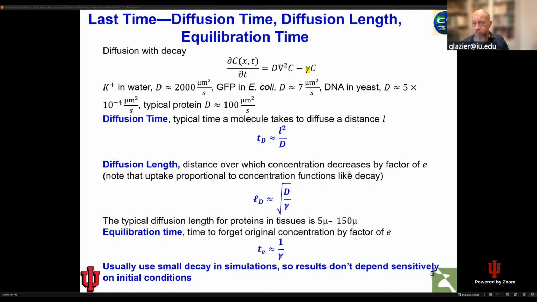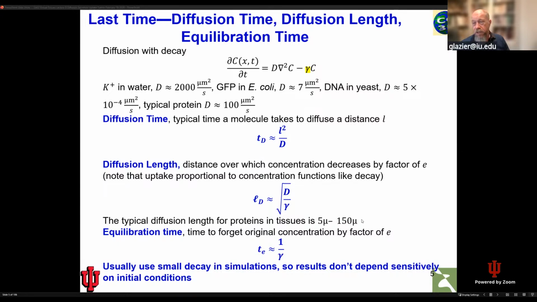So the things that we really care about are not the diffusion constant or decay constant per se, but rather the diffusion time, how long it takes a molecule to diffuse a distance L, which goes like the square of the distance divided by D. So diffusion gets slow over long distances.